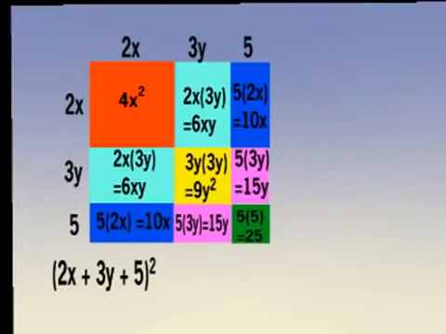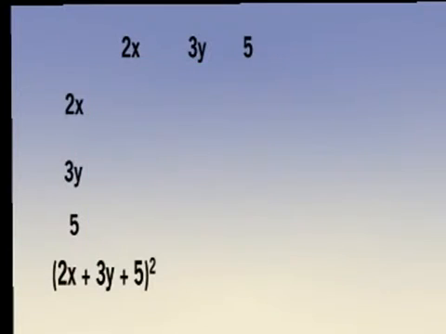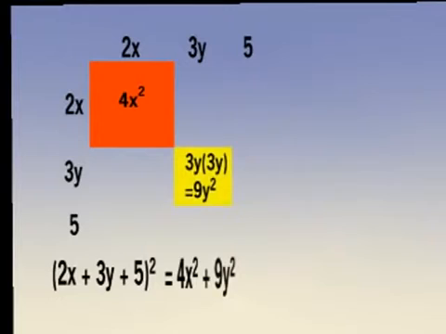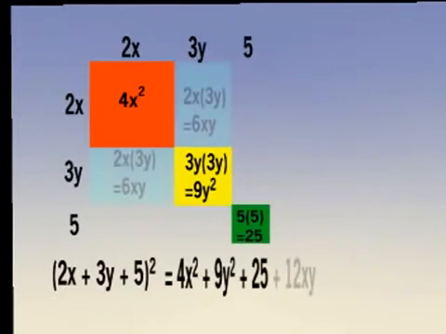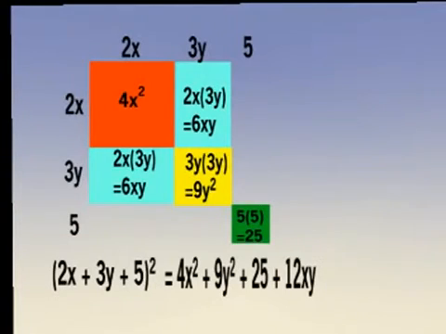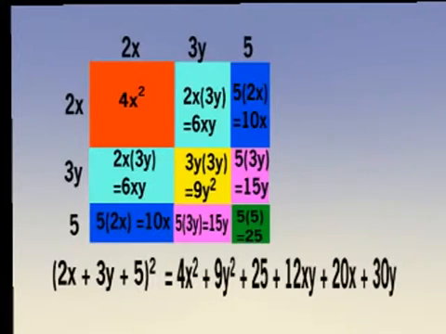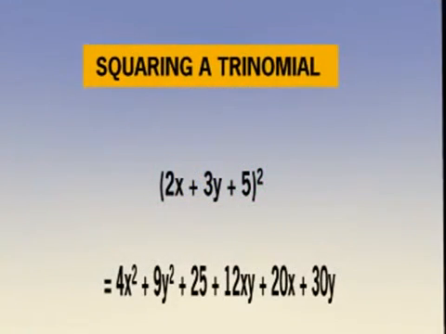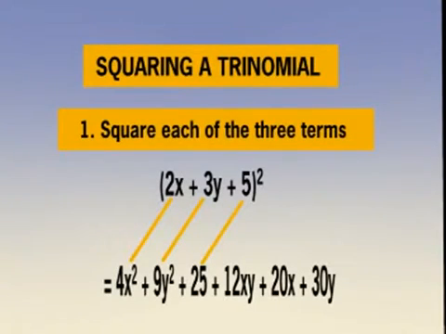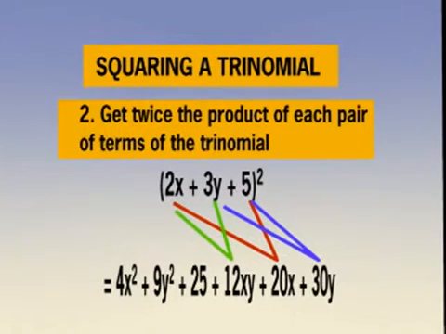This can be shown pictorially. Hence, if you want to square a trinomial, just number 1, square each of the 3 terms, then number 2, get twice the product of each pair of terms of the trinomial.